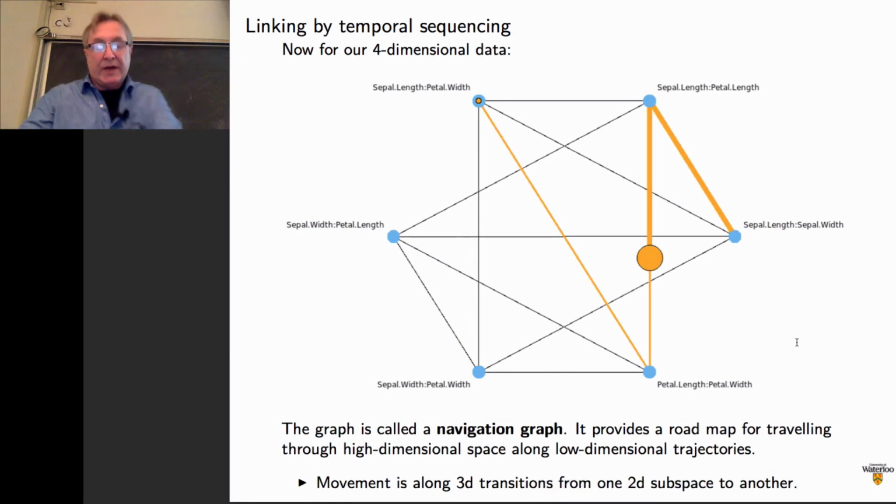So that's why we call it a navigation graph. I've gone from this 3D space of sepal length, petal length, and sepal width, up to there, and now I'm in a different 3D space. This 3D space is sepal length and petal width. So we smoothly transfer from one 3D space to another.